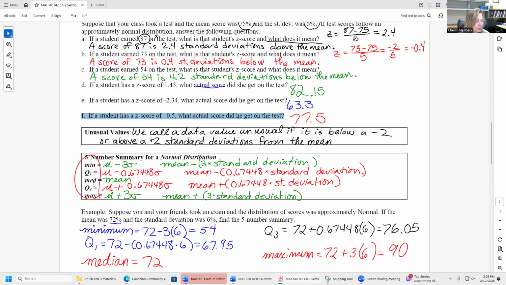The median in this case is super simple. It is equivalent to the mean because we're using a normal set of data. Q3 is the mean plus that 0.67448 times the standard deviation. And the maximum is the mean plus 3 standard deviations. So let's get on and try this.